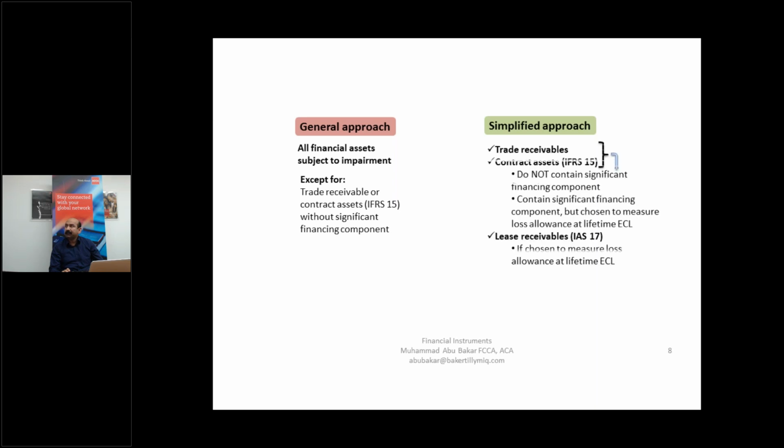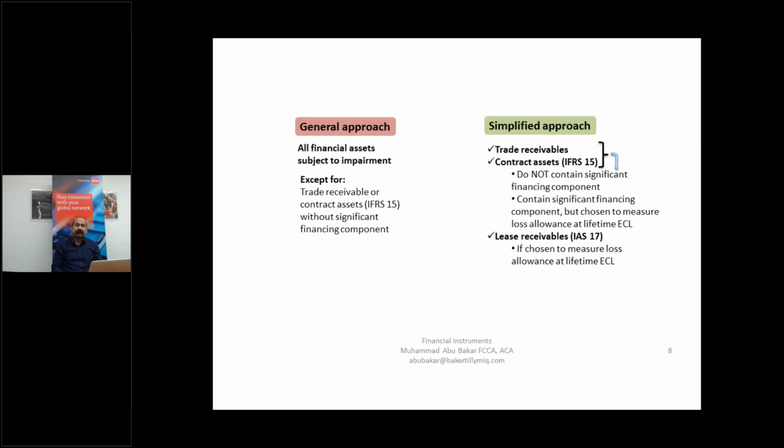And simplified approach will be applicable to trade receivables, contract asset. You can see that the general approach is not applicable to these two. And then lease receivable, you can mention over here IFRS 16. If chosen to measure loss allowance at lifetime expected credit loss.